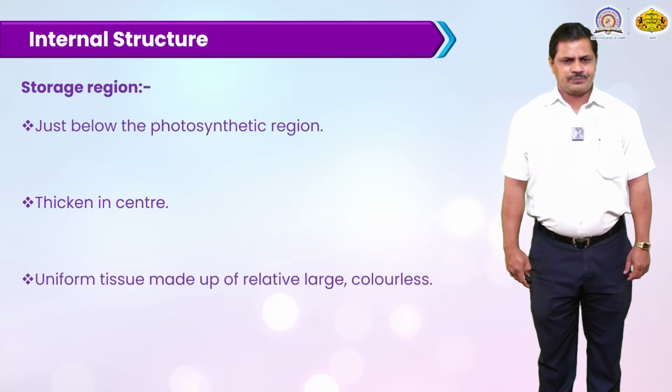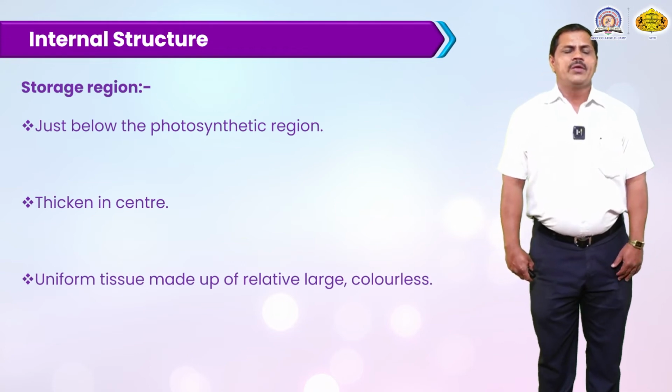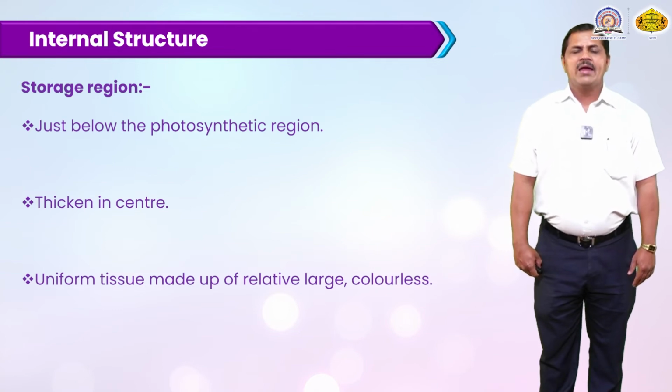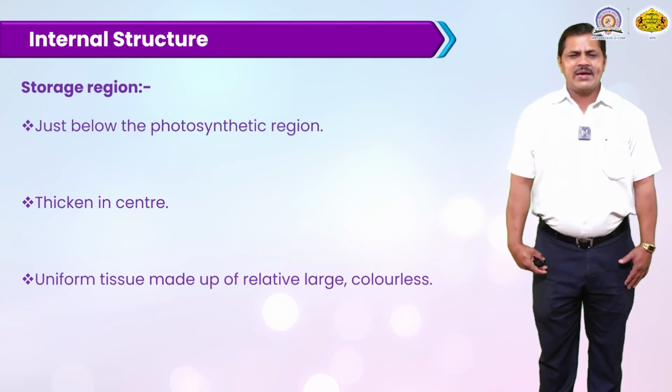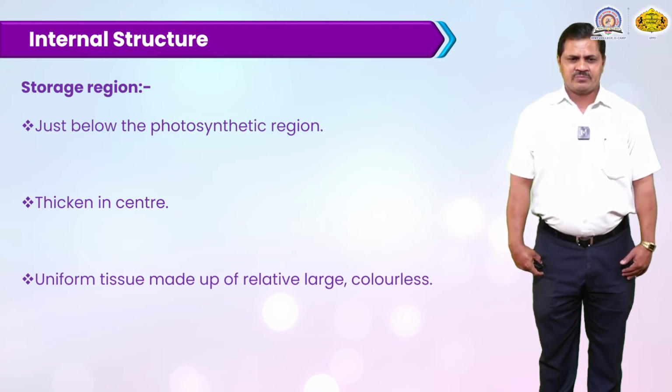Then, just below the photosynthetic region is the storage region. These cells are very compactly arranged and store the reserve food material of the Marchantia species.